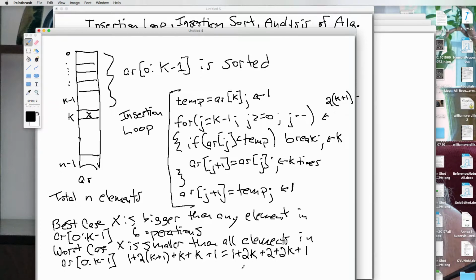So that's 4k, 4k plus 2 plus 3 plus 4 plus 4. So in the best case, we are going to do this 6 times. In the worst case, we're going to have 4k plus 4 operations.